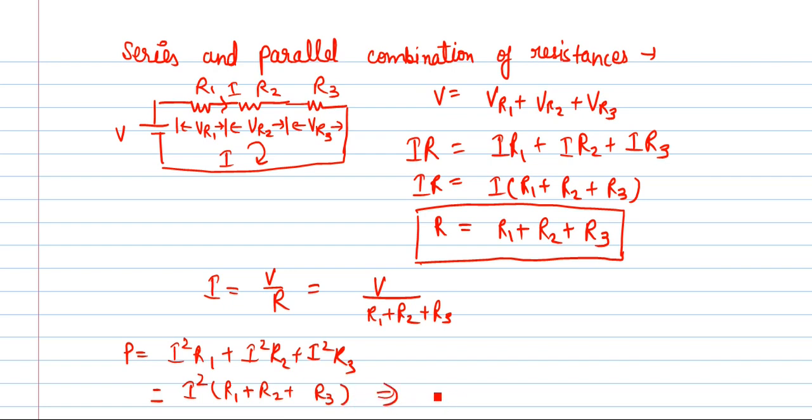We can also write this in the form of voltage, so it will be I into (VR1 plus VR2 plus VR3). So this is the formula for calculation of power in the series combination of resistances.